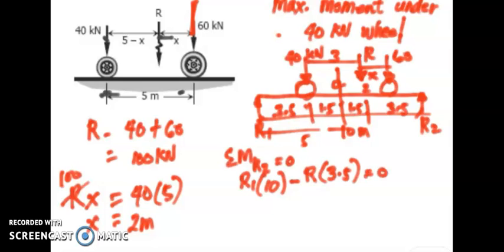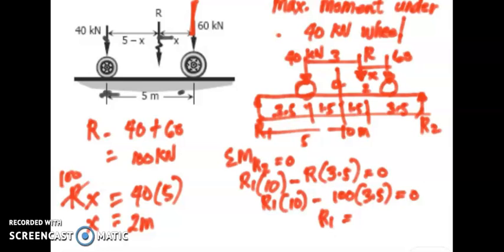So this is R sub 1 times 10, then minus R, which is 100, times 3.5 equal to 0. So R sub 1 is equal to 35 kilonewton. So we have now the value for our R sub 1.